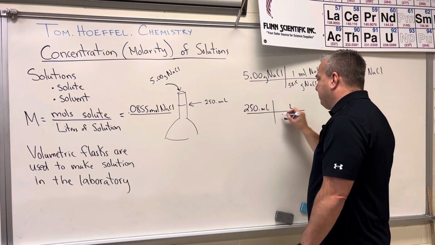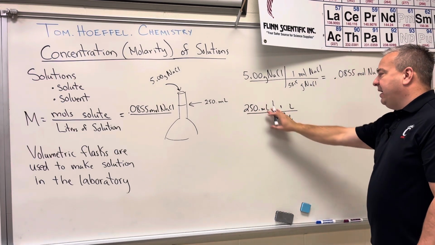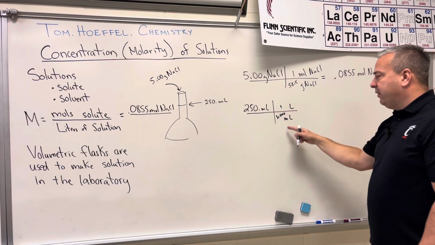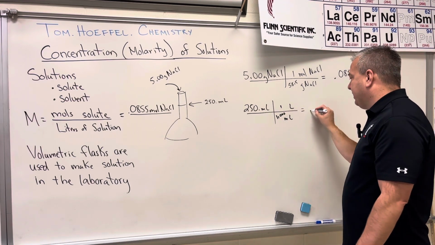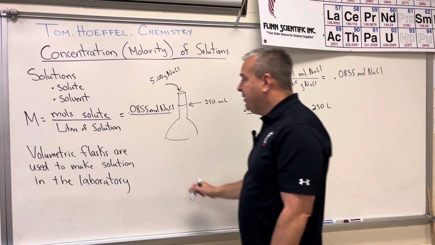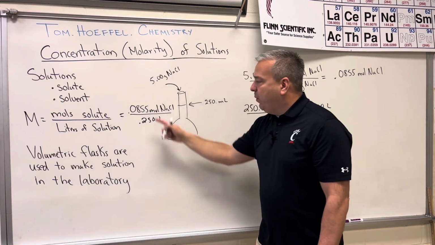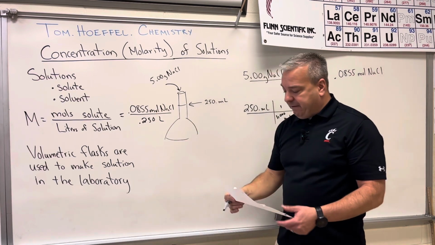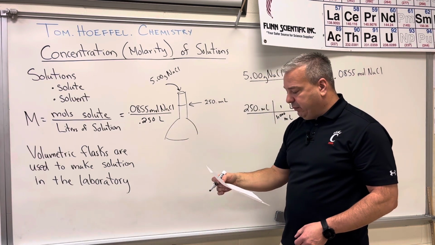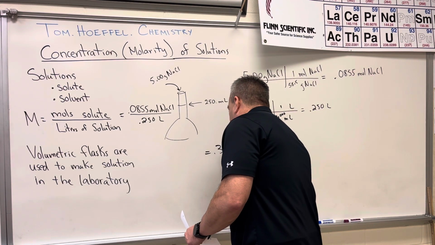And most of you guys probably can do this in your head, but if you want to see the work, I'm going to take 250 milliliters and convert the milliliters to liters, which is dividing by 1,000. So that comes out to 0.250 liters of solution. And when I divide 0.0855 by 0.250, I get an answer of 0.342.